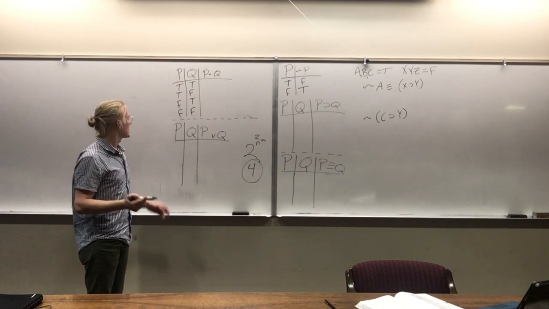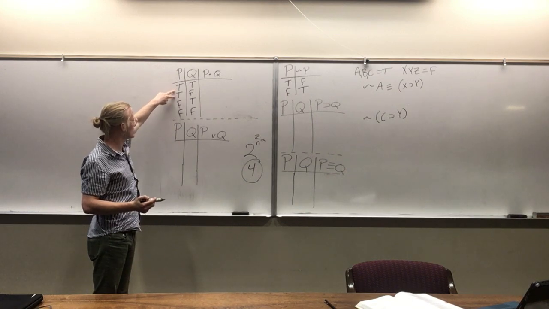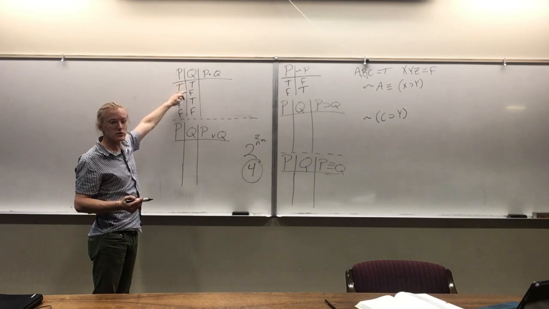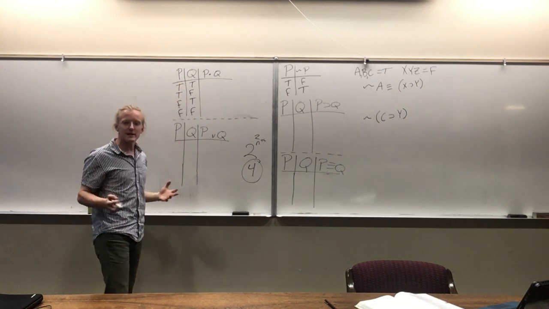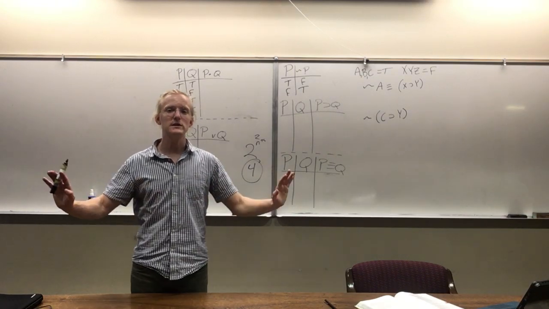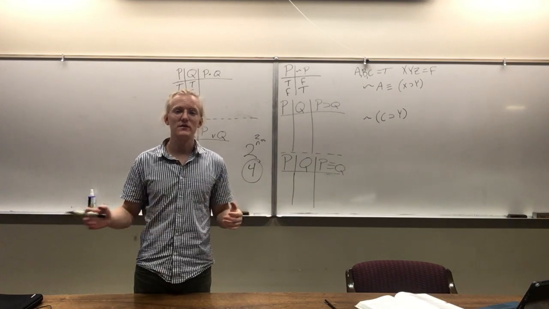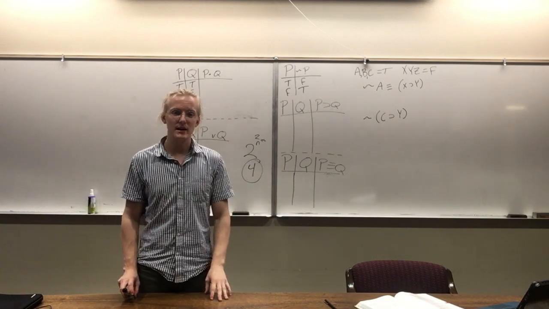Now you'll notice what I've done here is I've gone from 2 at a time, true, true, false, false, to alternating, true, false, true, false. The reason that I've done this is that I want the truth table to represent every single truth value that's possible for the combination of 2 sentence letters.